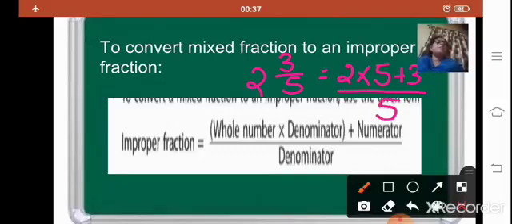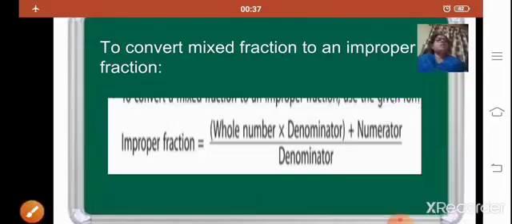So 2 5s are 10 and 10 plus 3 is 13. So my improper fraction will be 13 upon 5. Okay, so this is the formula which you have to use to convert a mixed fraction to an improper fraction.